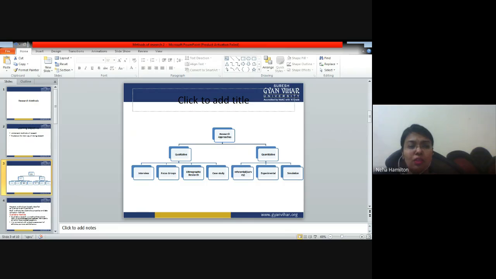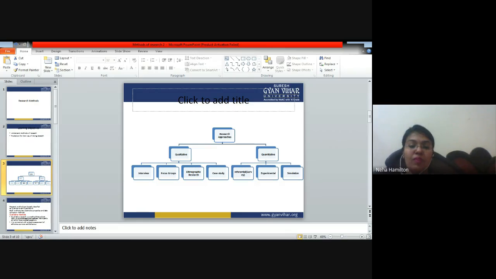There are lots of different methods through which we can do research, but the two basic approaches are either quantitative or qualitative. When I talk about quantitative, I'm talking about statistics, numbers, figures, and statistical analysis. When I talk about qualitative, I'm talking about theory and evidence that helps you generate inference.